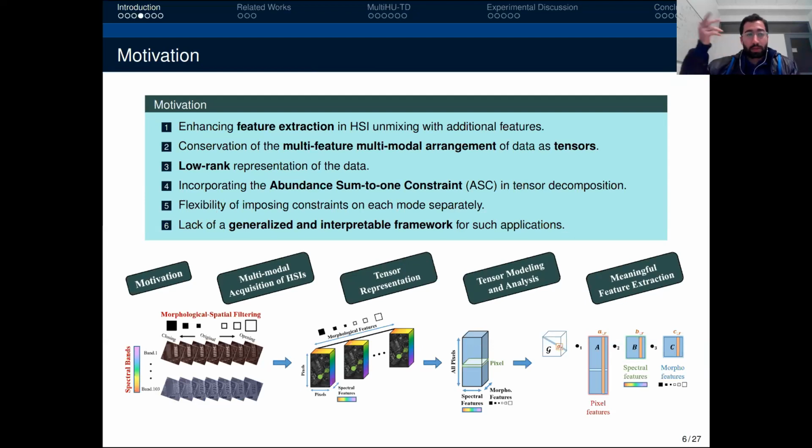For example, if there is some constraint that we want to impose on a third modality, say time or spatial features, we want to be able to impose this constraint without having to mix the features together. And the main problem was that, at least at the moment, we lack a generalized interpretable framework for hyperspectral unmixing with multimodal features.